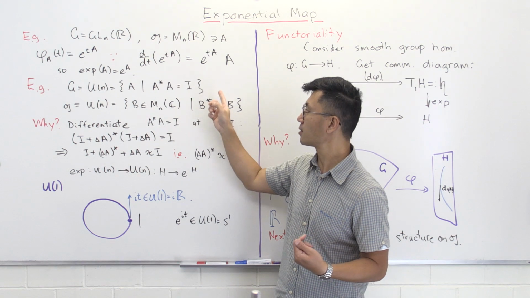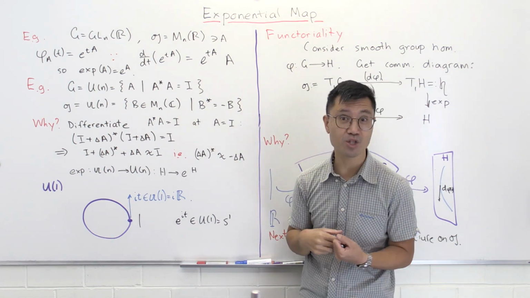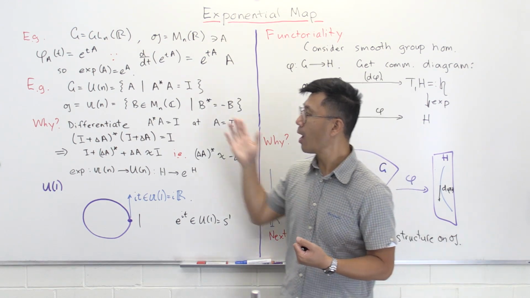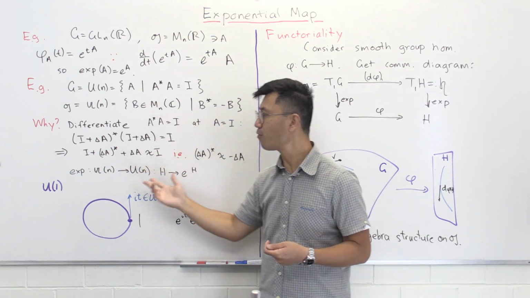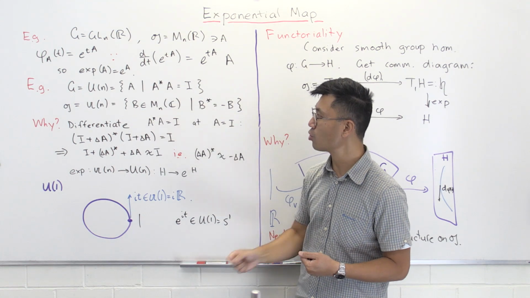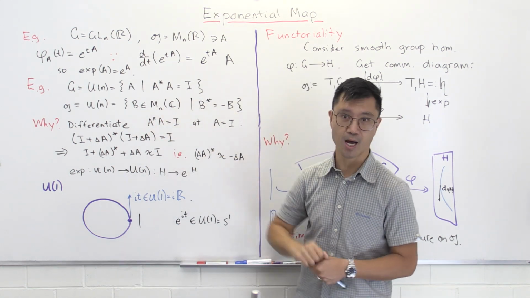When you take the adjoint, it goes to its negative. So there are the skew-Hermitian matrices. And it's quite easy to understand why that should be true. I guess you can turn this argument into a real proof, but I just want to illustrate the ideas as to why you expect this to be true, and that's by differentiating this condition here, A*A = I.